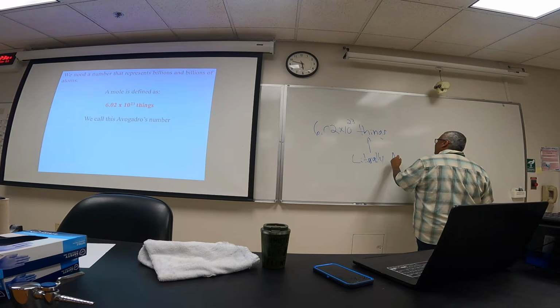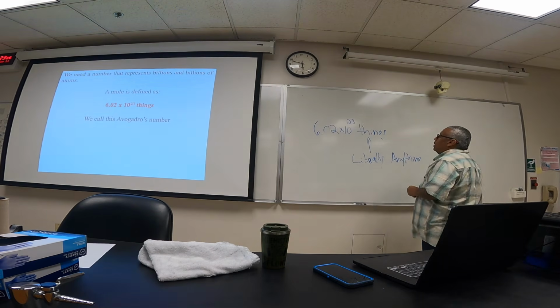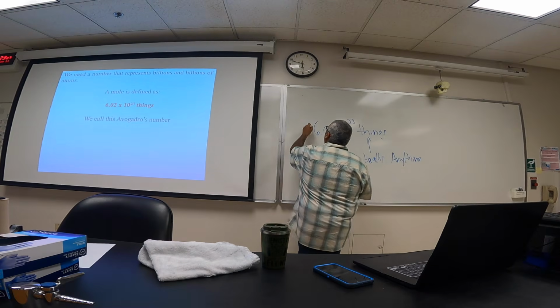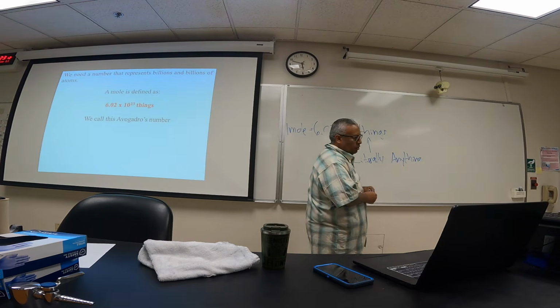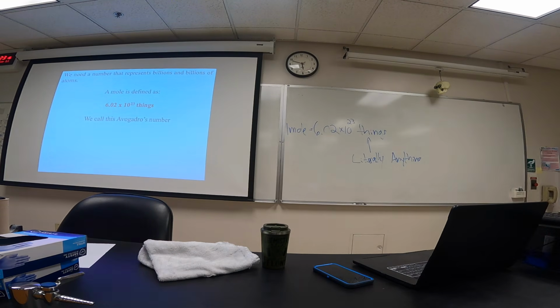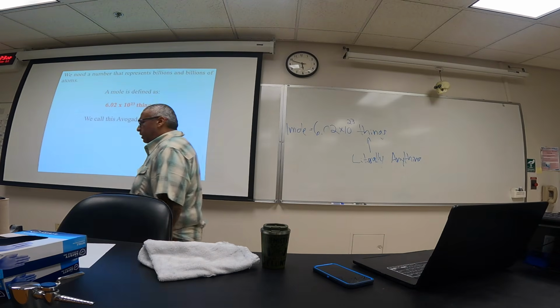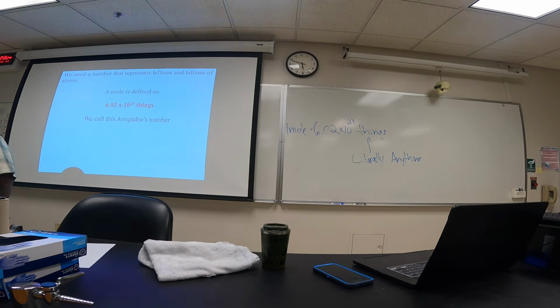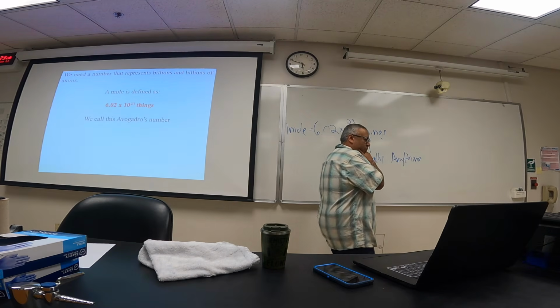Literally anything. 1 mole is equal to 6.02 times 10 to the 23 things. It can literally be anything, nothing specific. This is a unit of how many things you have. And I'll give you some examples.